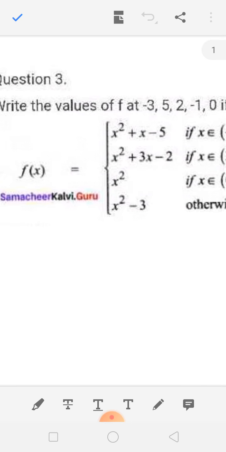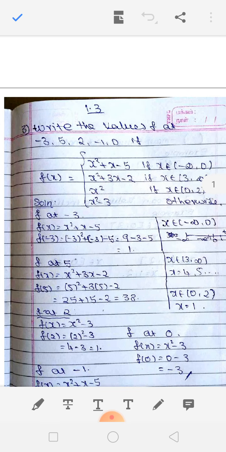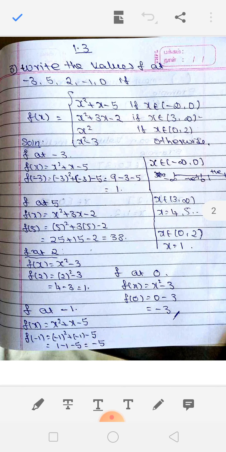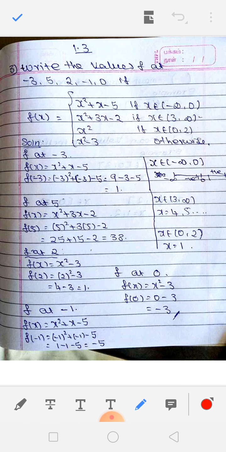We have 4 functions here, and we write the values for the 5 inputs. The f means function. The first value is -3, so I take f at -3. I want to look at where that -3 lies.